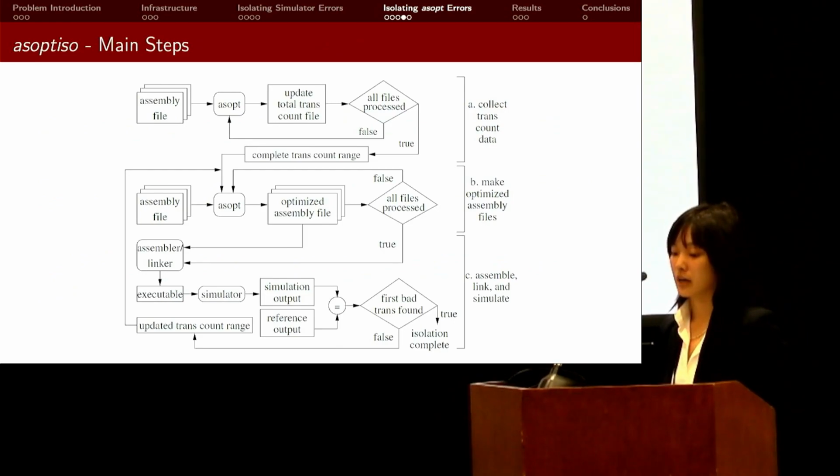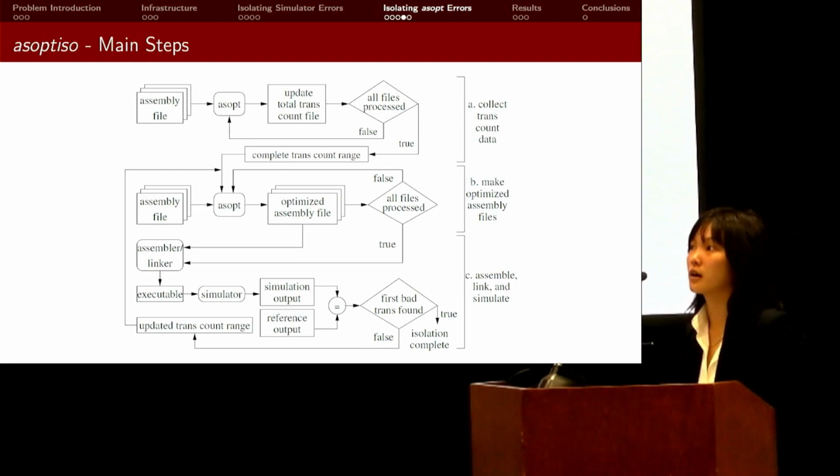Here's a diagram of how ASOP-ISO works. For the sake of time, I'll just go over it generally. We can categorize the execution of ASOP-ISO in 3 main steps, which are represented by A, B, and C on the right of this diagram. The first one is to collect trans count data.